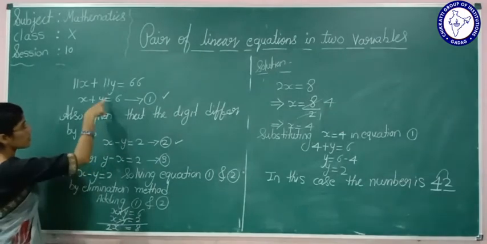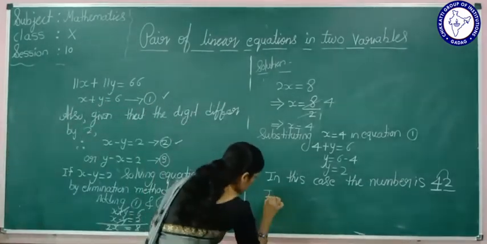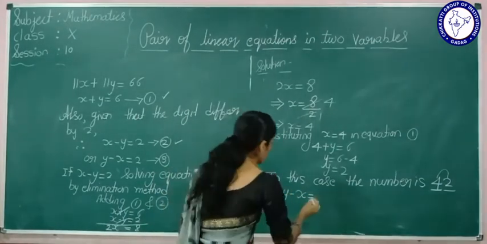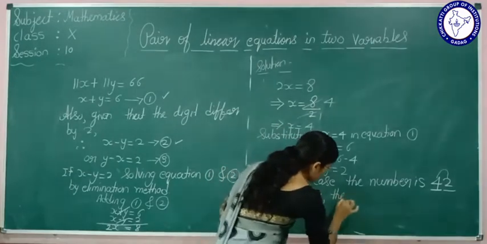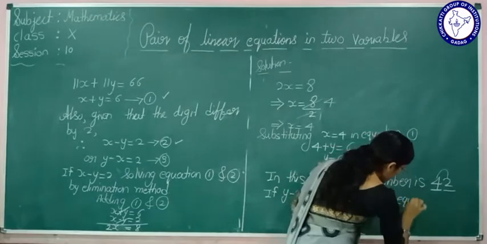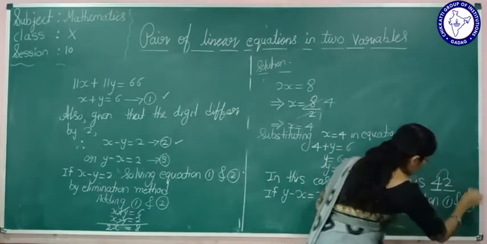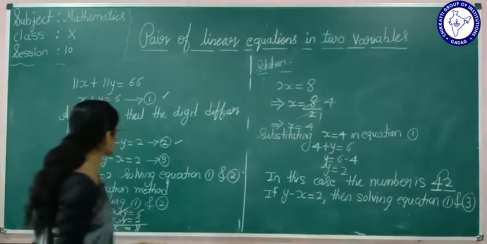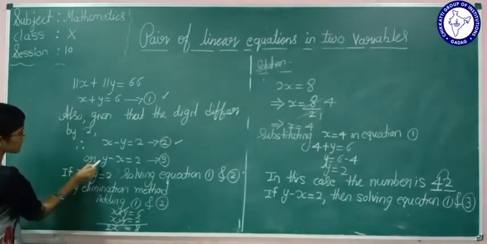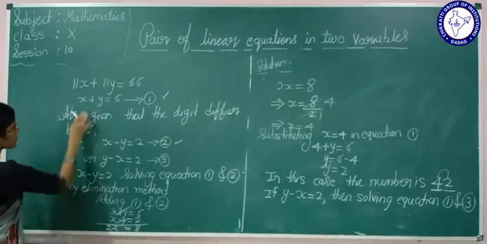Okay. Now we solve equation 1 and equation 3. See here, if y minus x is equal to 2, then solving equations 1 and 3. To solve equations 1 and 3 by the elimination method, if you want to eliminate x, the coefficients are the same.